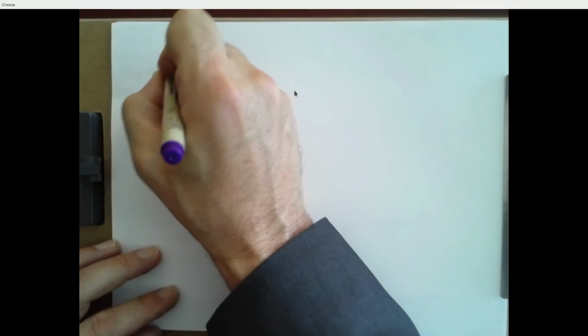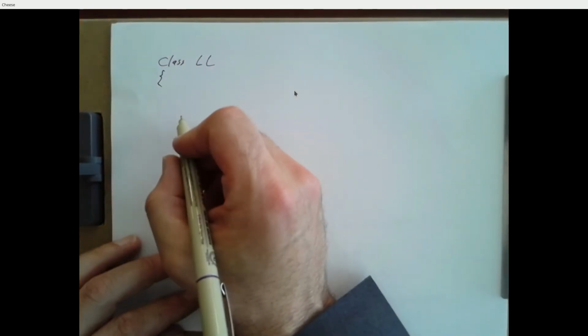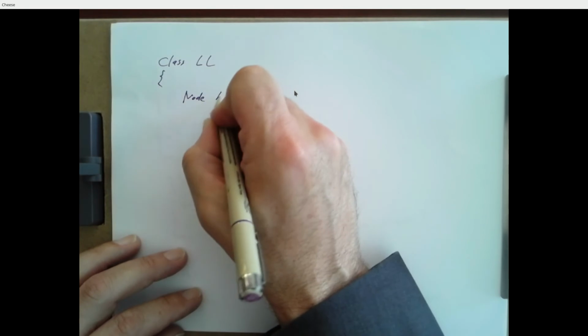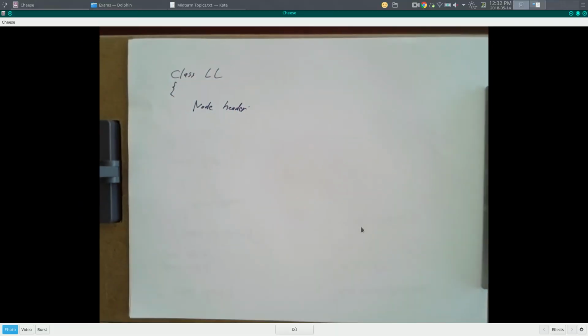And let me mention something here. I didn't really mention this in the comments on PA2, but I might have mentioned it in class. So let's think of a linked list class. We'll call it LL. We got some kind of handle to the first node.